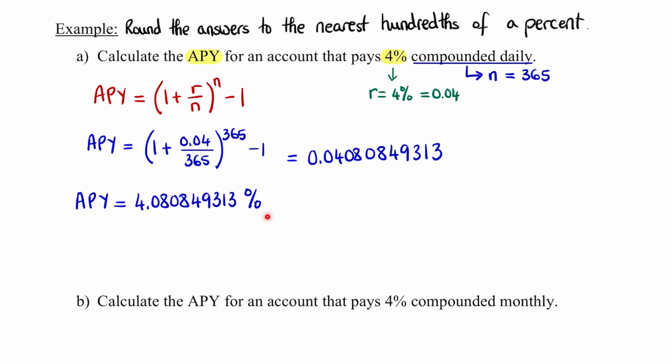And then I'll round this percent to the nearest hundredth. Rounding to the nearest hundredth means rounding to 2 decimal places. This is 0, so I round down to 4.08%. So the APY for this problem is 4.08%.